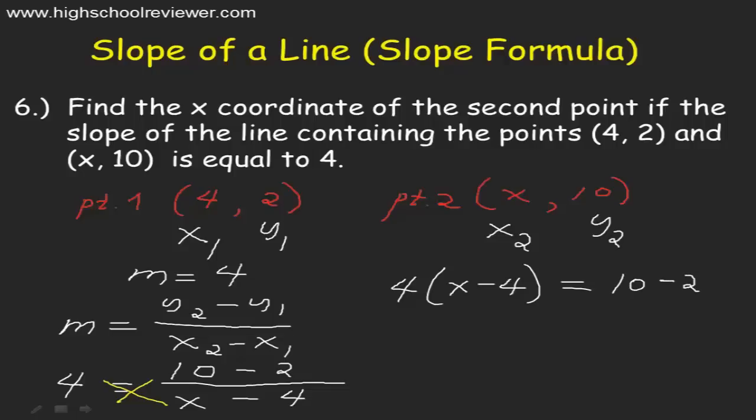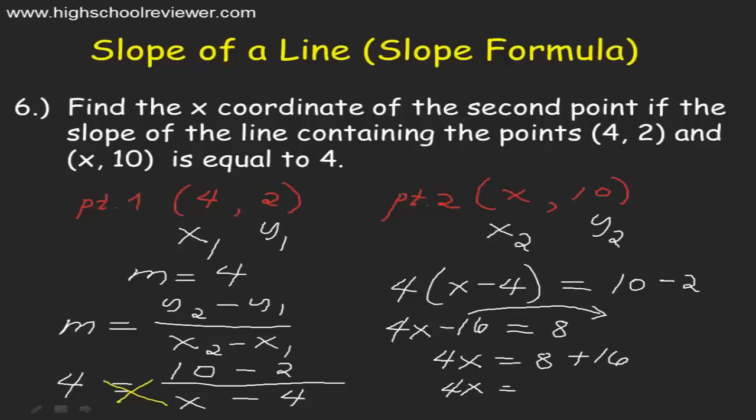So this will be 4x minus 16 equals to 10 minus 2, that is positive 8. So transpose negative 16 to the other side. So what will be left here is 4x equals to 8 plus 16. Okay. So 4x here will be equal to 24.